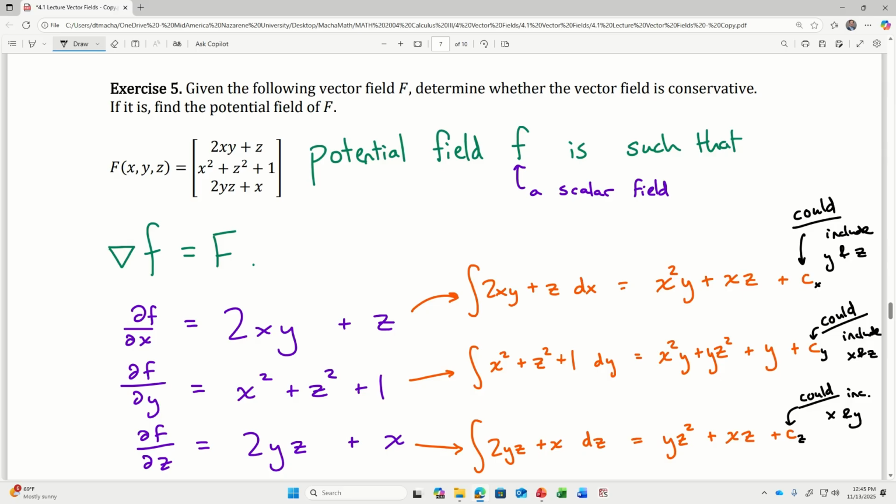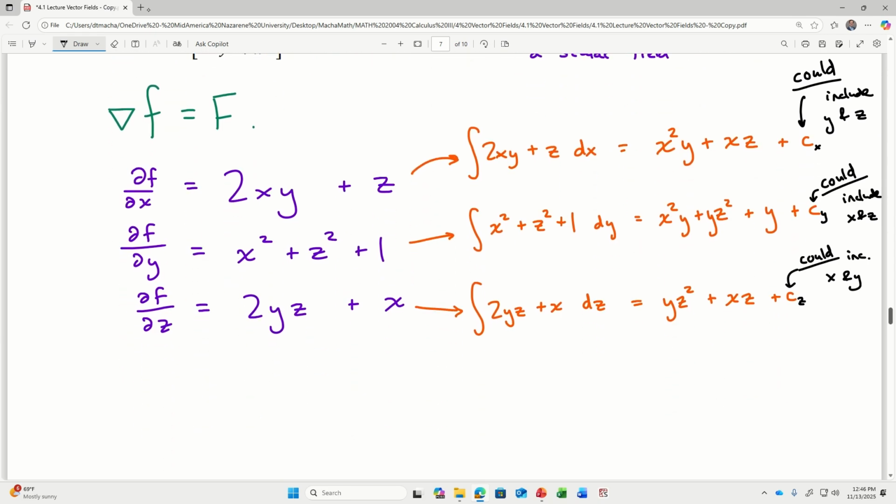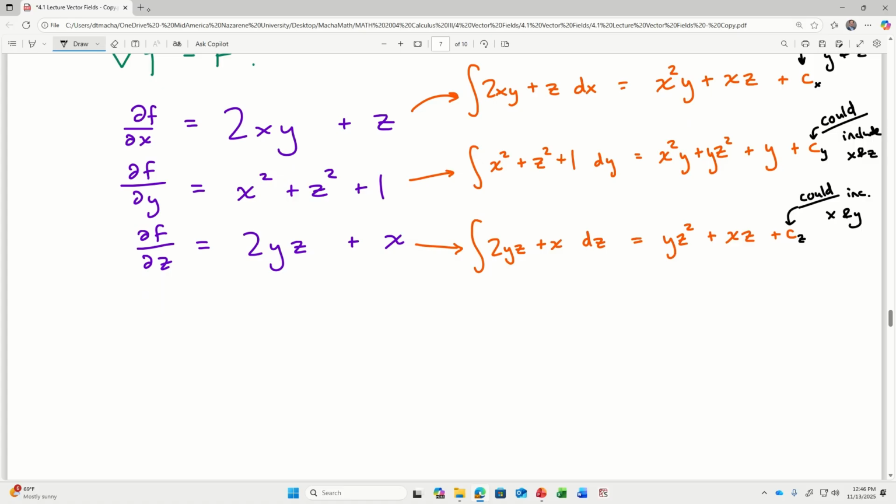And so once you look at all three pieces of your puzzle and you start to match it up, then you can reconstruct your scalar field.